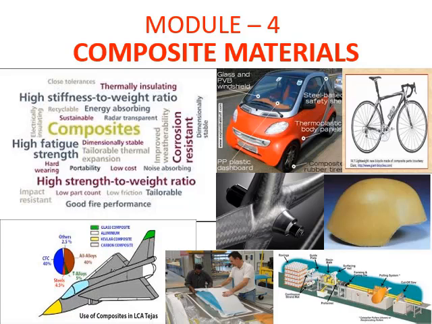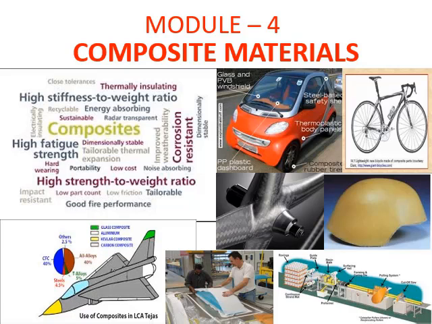If you compare the same with ceramic materials, ceramics have very good compression strength and very good hot corrosion resistance, but when compared on tensile strength, they are weak in nature. In a similar fashion, any category of material has advantages and disadvantages.